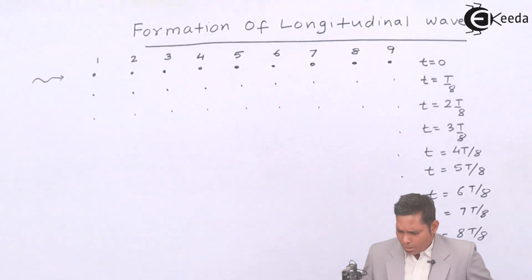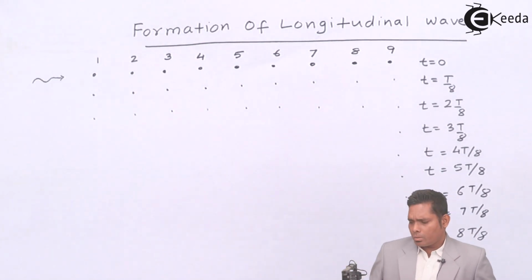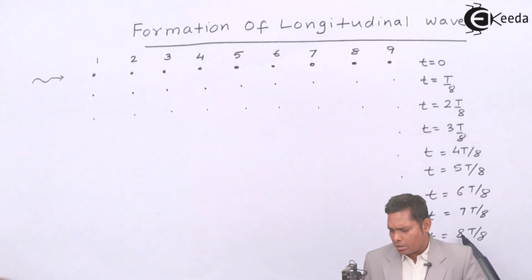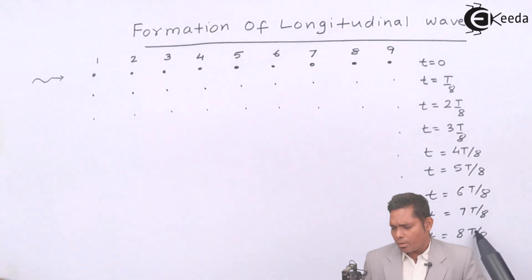So this is how it completes the total time of oscillation, 8T by 8. So this is the time of one oscillation.